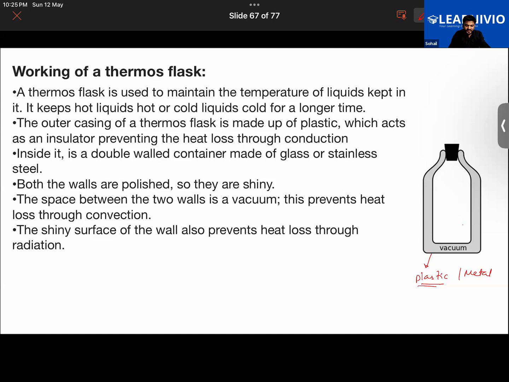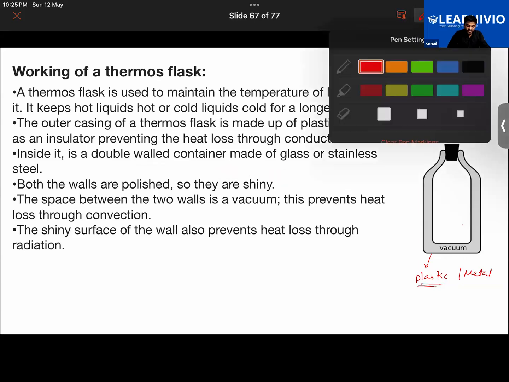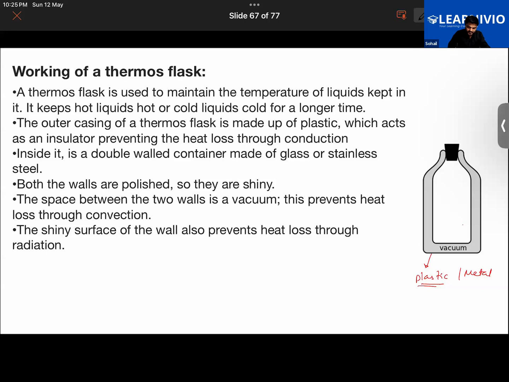So the outer casing of this thermos flask is made of plastic, and we know plastic is a bad conductor of heat, so it will not allow heat to pass through it. Inside it there will be a double wall container made of glass or stainless steel. Right now we are talking about the innermost structure, this one over here.